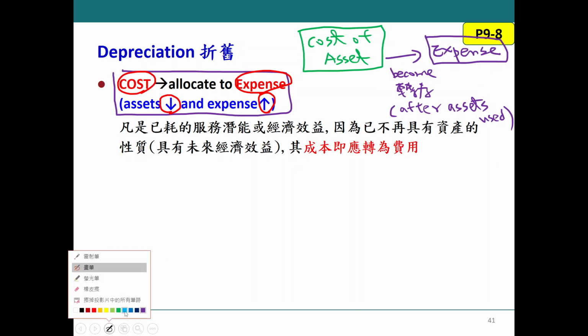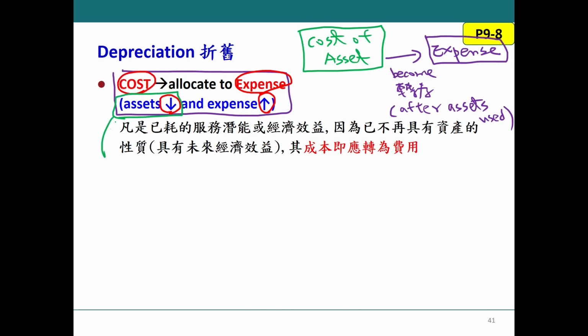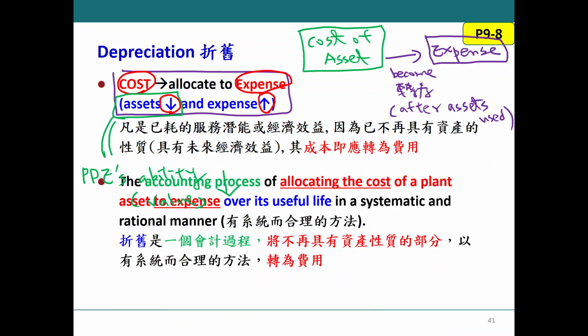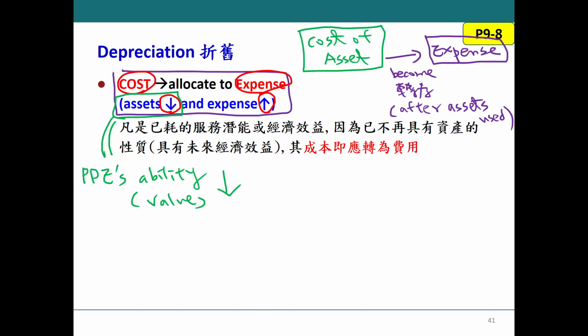Because after you use it, the phone's value and ability decrease. Okay, any questions? No problem.